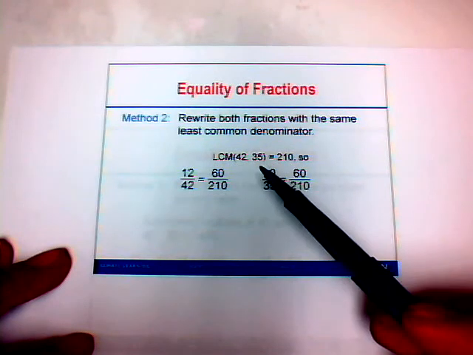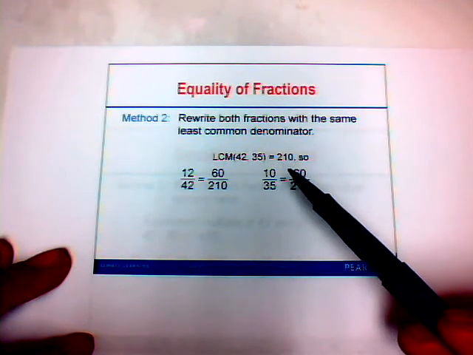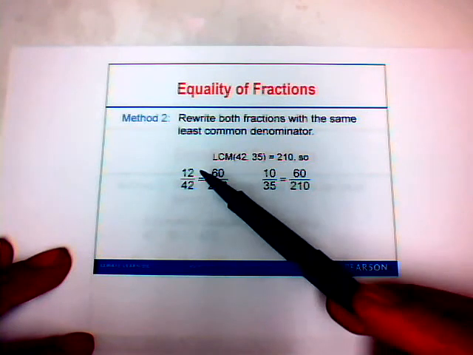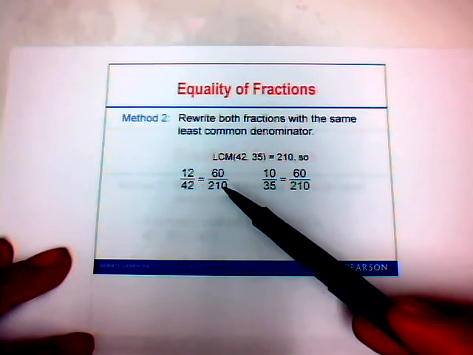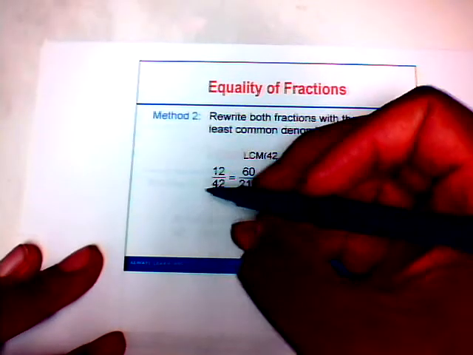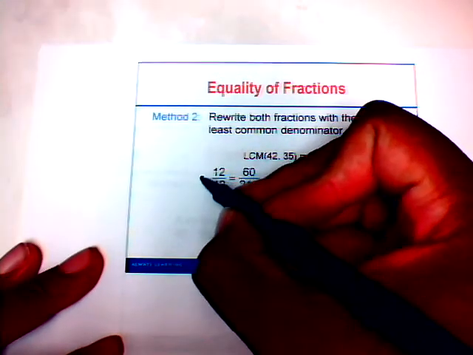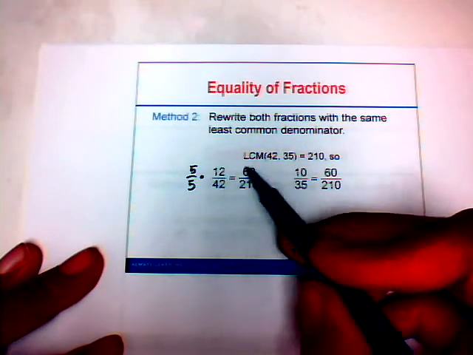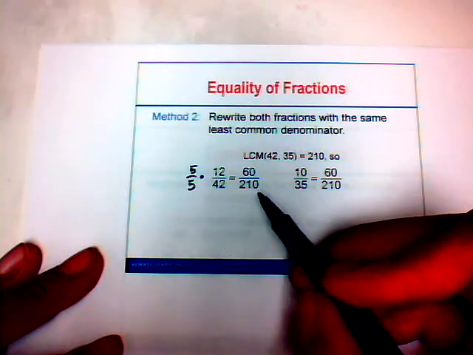Then we write an equivalent fraction for 12 over 42 with a denominator of 210. Here you multiply the numerator and the denominator by 5. So 5 times 12 is 60, and 5 times 42 is 210.